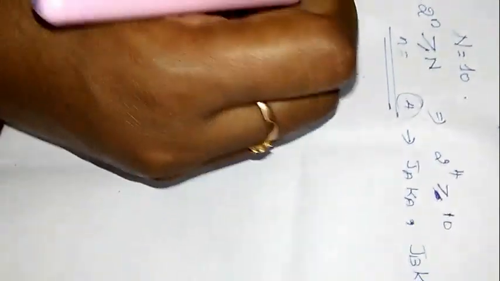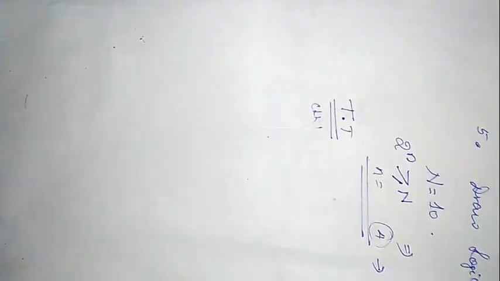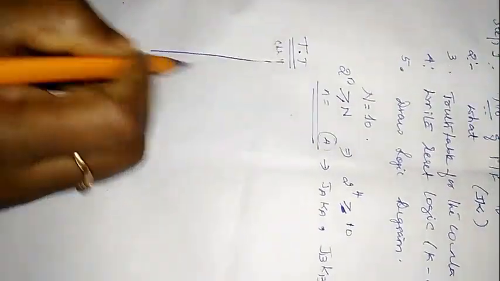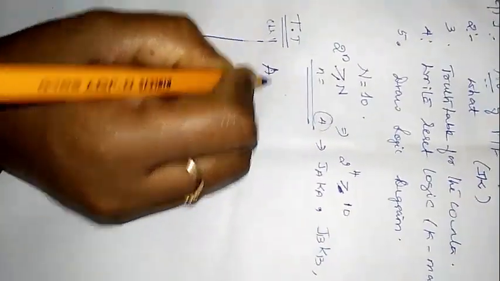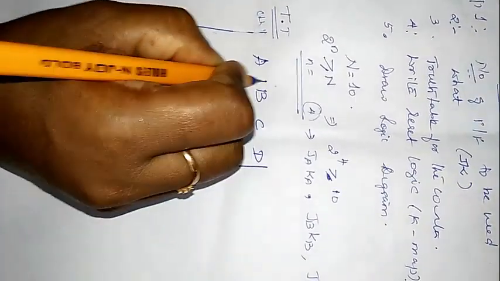The next step is to derive the truth table of the counter. The first column will be the clock. The second column will be our inputs.